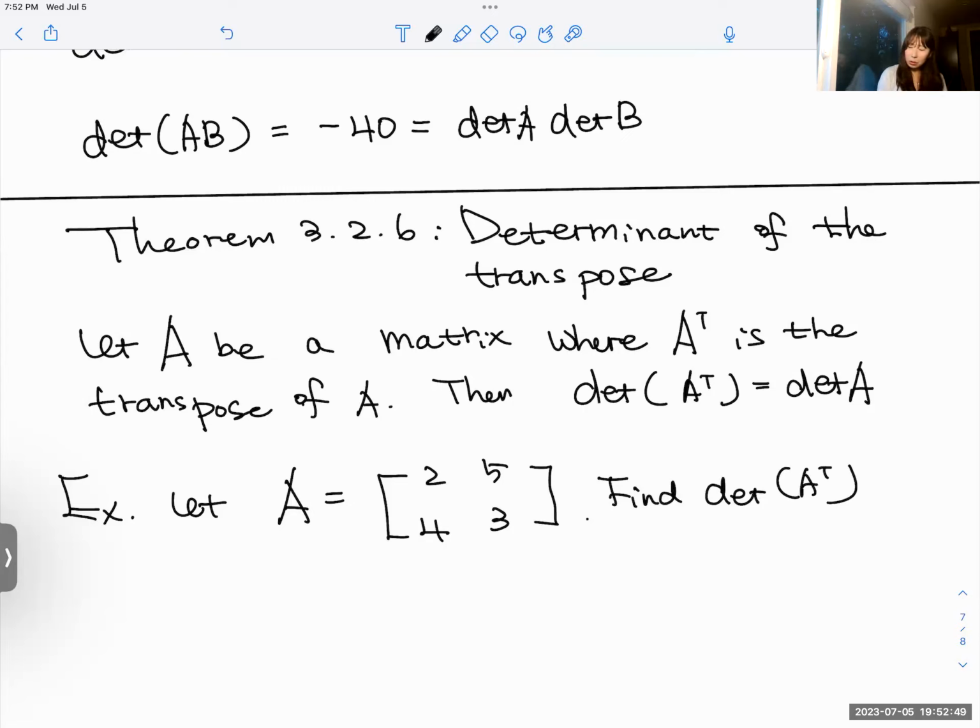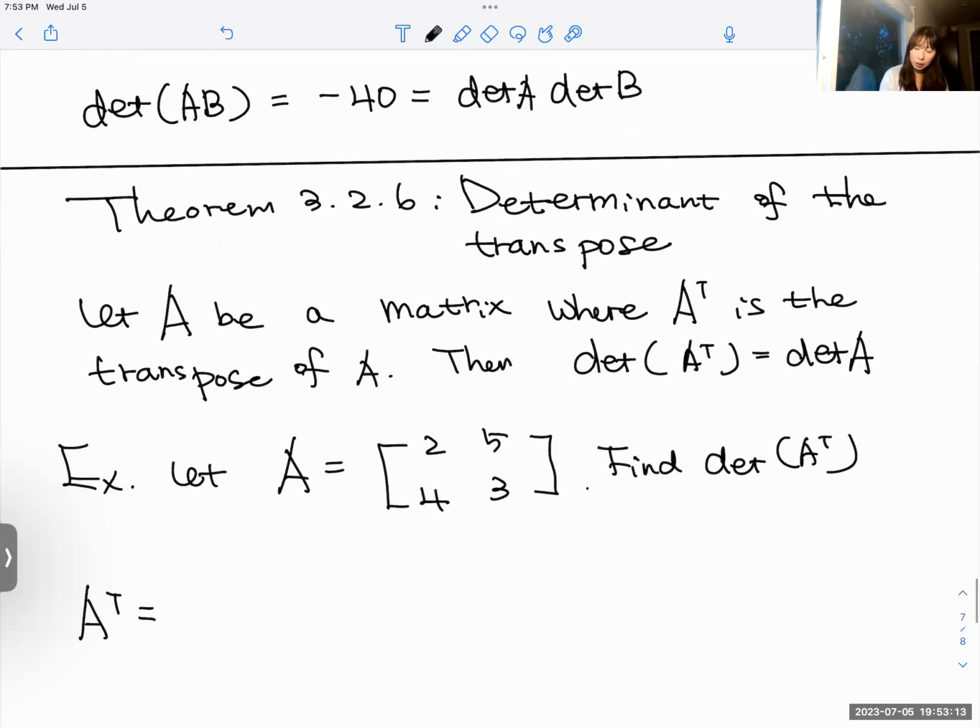Okay, so we do inside first, right? So we are going to find the transpose of A first, and we're gonna find the determinant in that. So transpose, we make a row to column. So 2, 5, 4, 3, right?